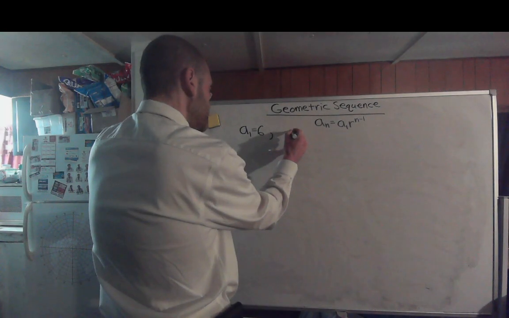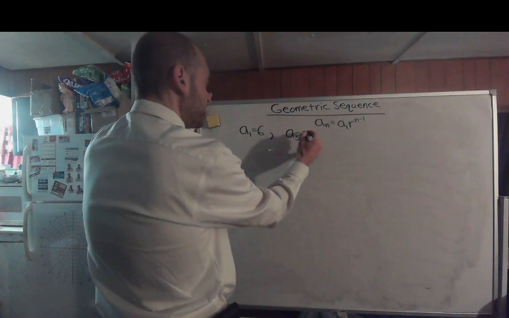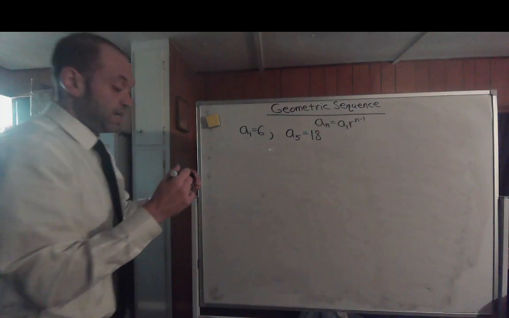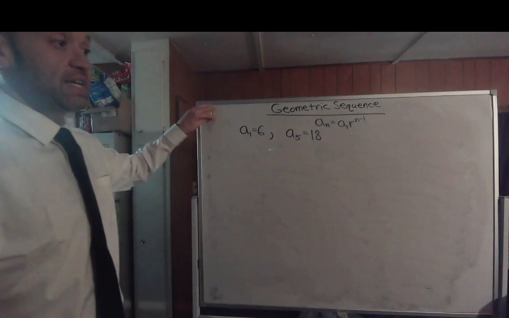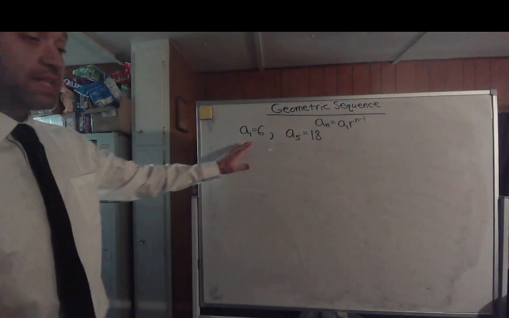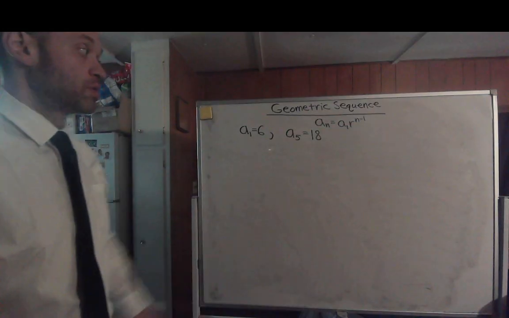Let's see, let's do a sub 5 equals 18. So a sub 1 equals 6, a sub 5 equals 18. Alright, so we at least know a sub 1, then we know the 5th term.